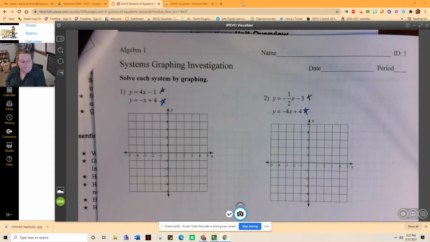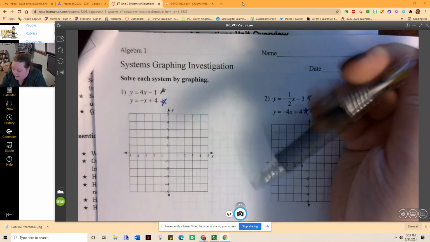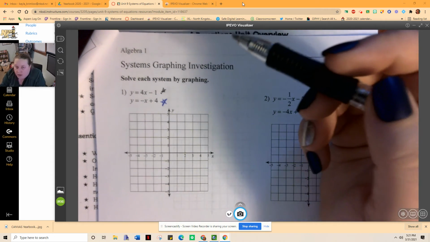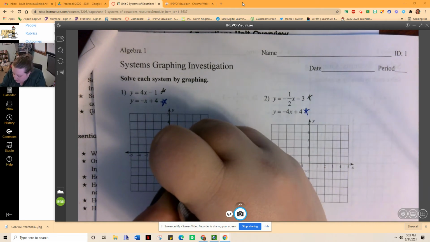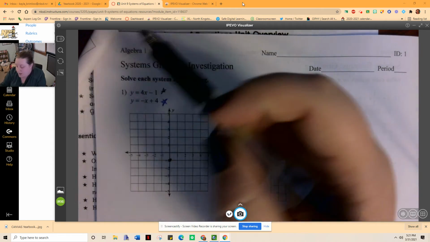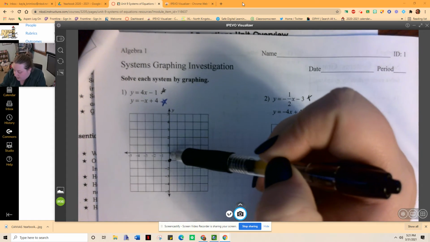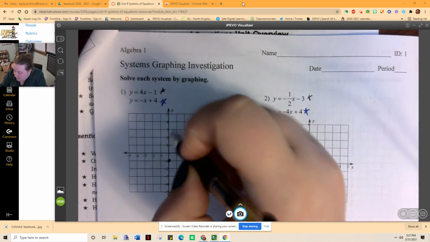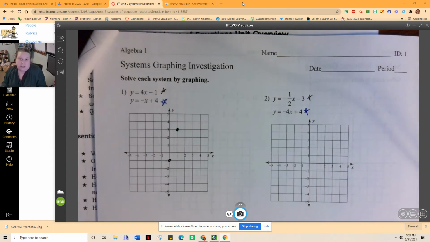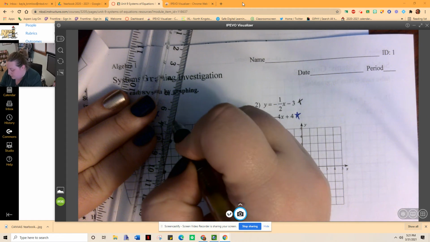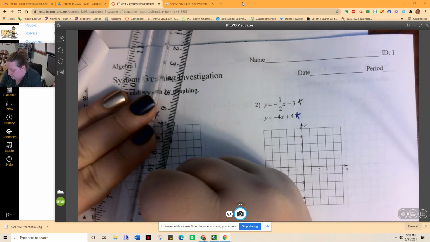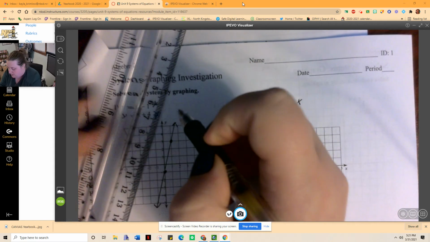In the first equation, I have y equals 4x minus 1. So my y-intercept is the constant by itself, -1. So that's where I start on the y-axis. And then 4 tells me I'm going up 1, 2, 3, 4, and always over 1 because that's how I would write a whole number as a fraction. Just going to quickly draw a nice line through it, top to bottom.